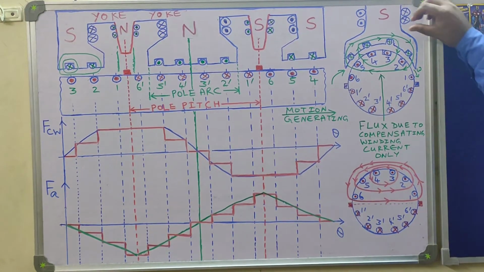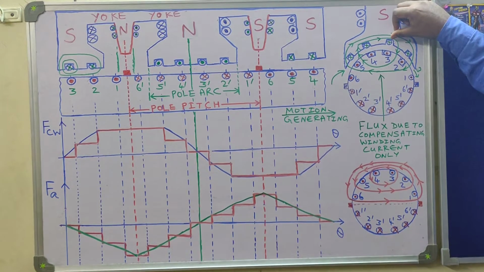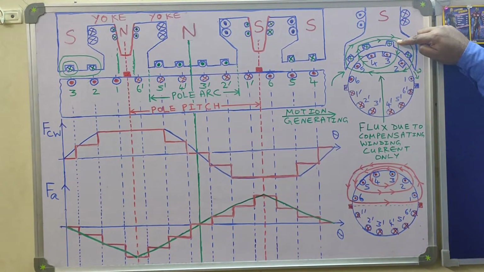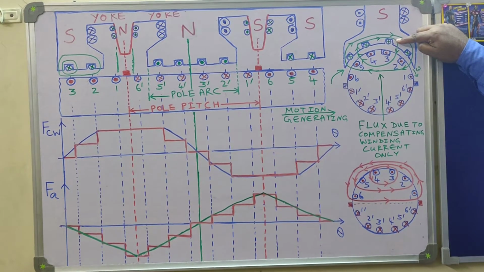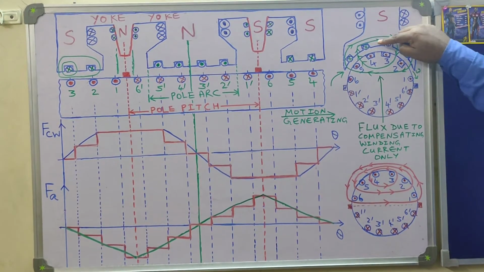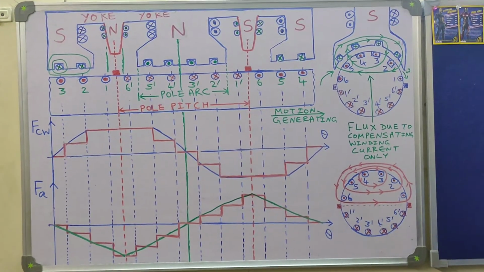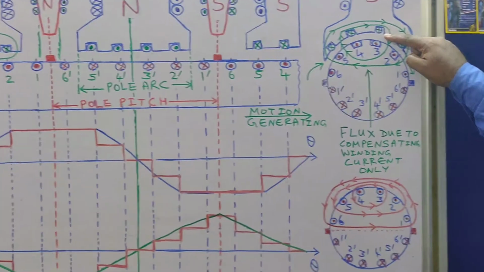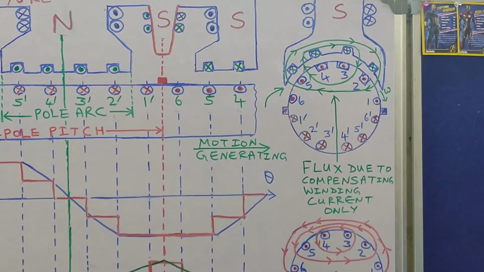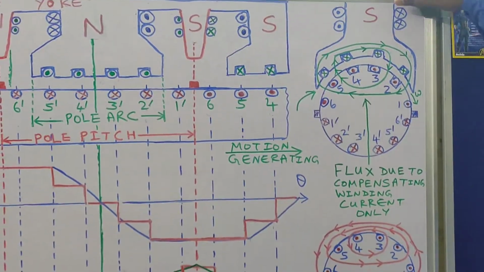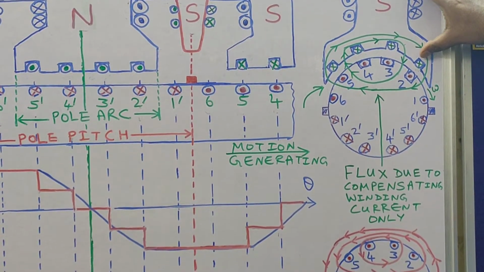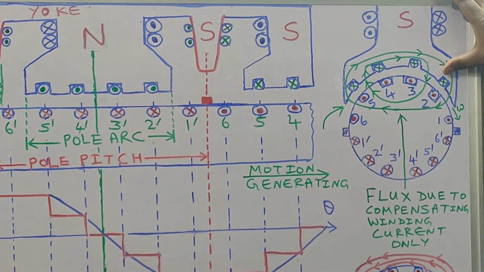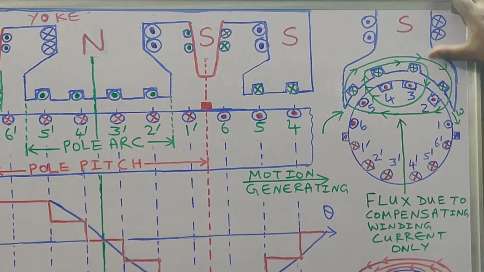Now, what about this compensating winding which is placed in the slots, and these slots are cut out in the pole faces? These compensating windings should carry a current which is opposite to the current carried by the armature conductors beneath them. So you see, if you take these compensating winding conductors, 1 2 3 4, there are 4 slots indicated in the pole face of the south pole.